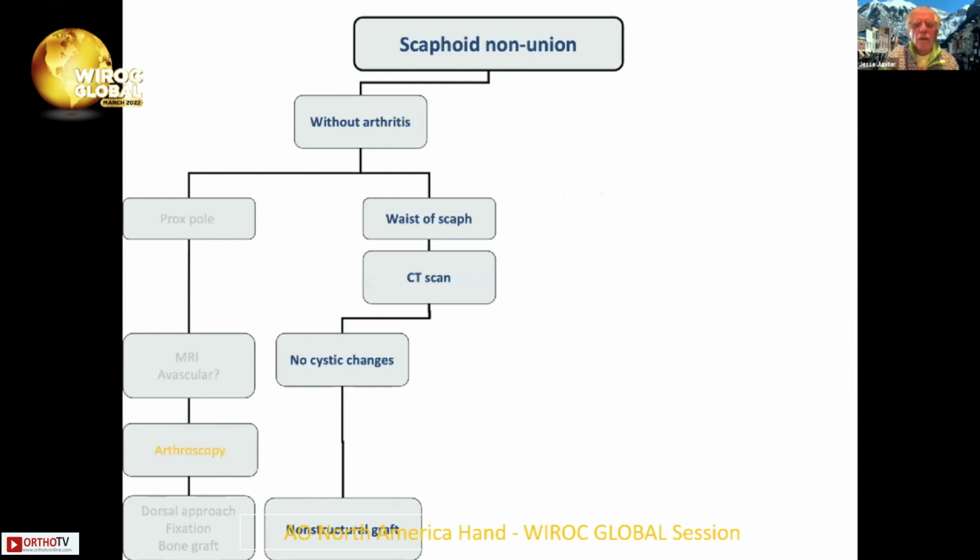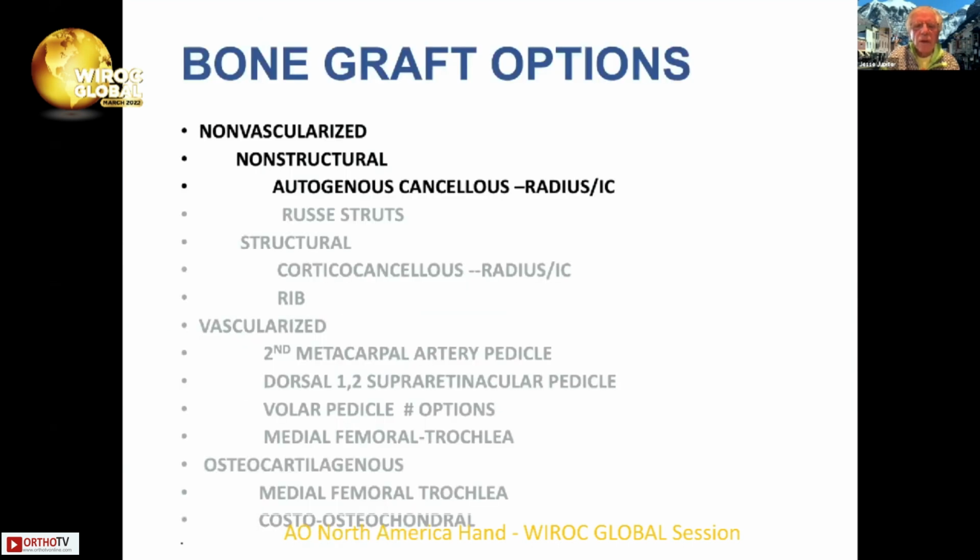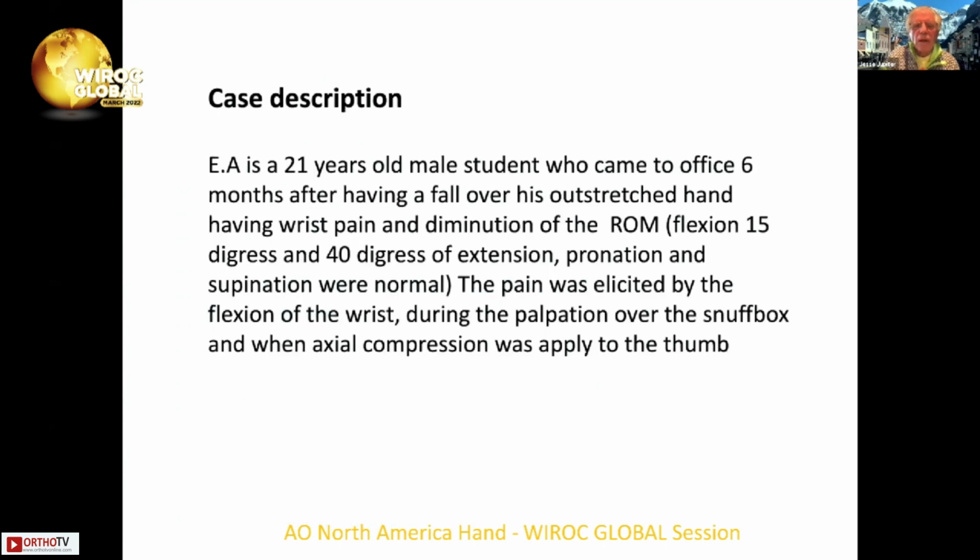So let's look at the waist fracture level. It's well-aligned on a CT scan, and there are no cystic changes. And this really is well handled with a non-structural graft. This is a young man with a typical presentation 6 months after an injury, and pain and limited motion in his wrist.